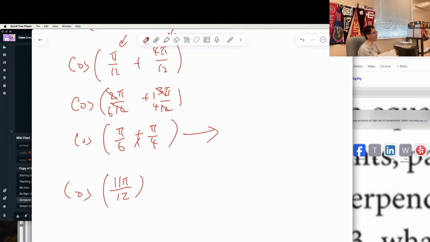Wait, is it possible to have 11 pi over 12? You can turn it to an angle. I wanted people thinking of turning it to radians too. You can convert to degrees, yes. Diego, come on, prove it. Prove to me you are smart.